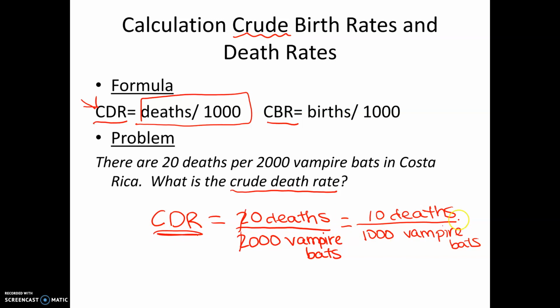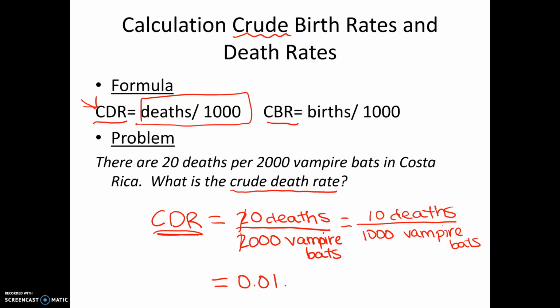If we want to make this into just one number where we don't have the actual fraction right there, then we can simplify this even further into a decimal. CDR, 10 divided by 1,000 equals 0.01.